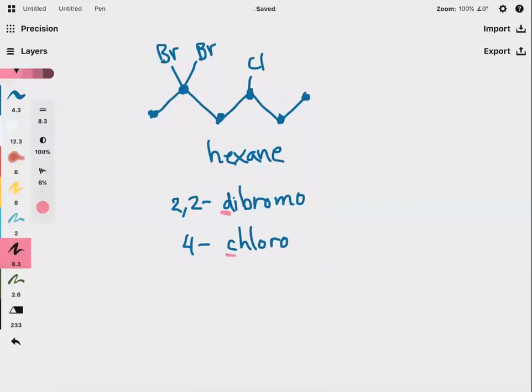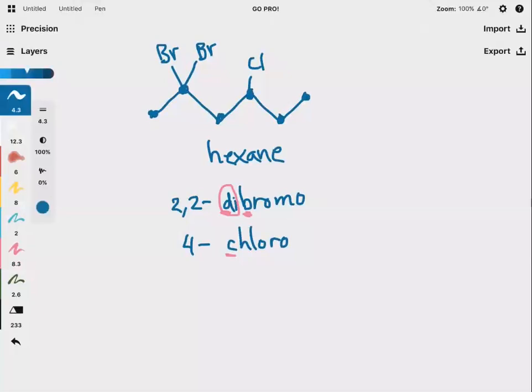And the answer to that question is we write the dibromo first because the prefixes here, di and tri and tetra and whatever else, they don't matter in terms of the name. The only thing that matters is the actual atom. Bromo, chloro, fluoro, methyl, ethyl, propyl, things like that. That's what determines the name. So B comes before C.